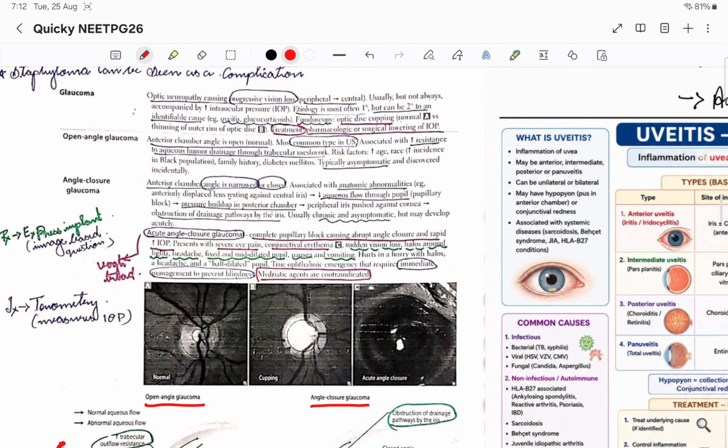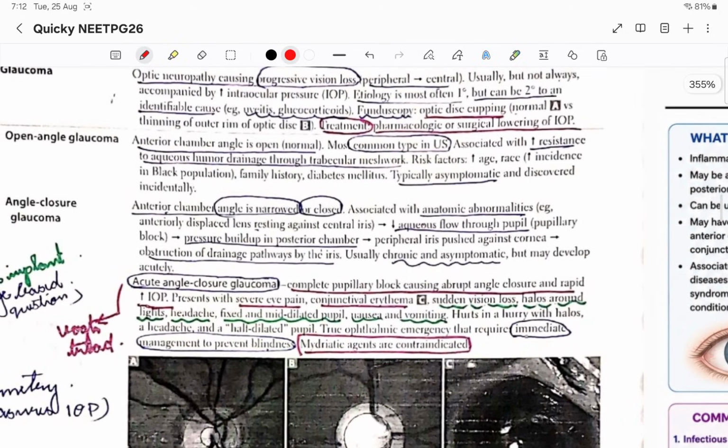Let us see one by one. In open angle glaucoma, the angle chamber will be open. Then there is increased resistance through the trabecular meshwork. This usually occurs in uveitis and diabetes mellitus patients. It is usually asymptomatic and typically discovered incidentally.